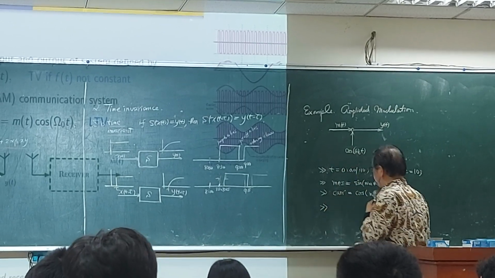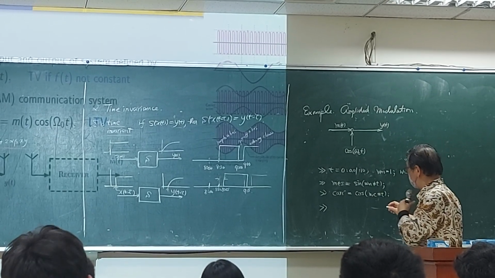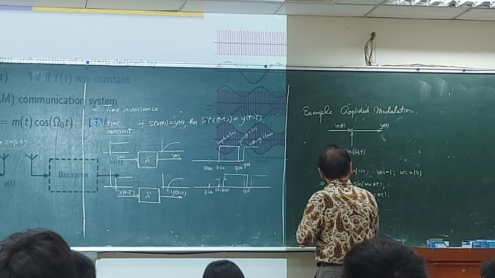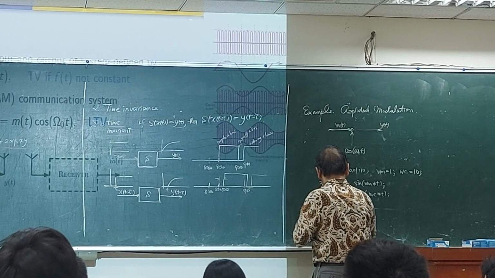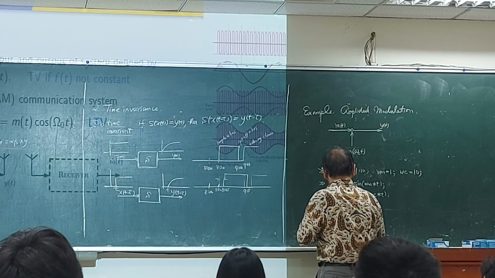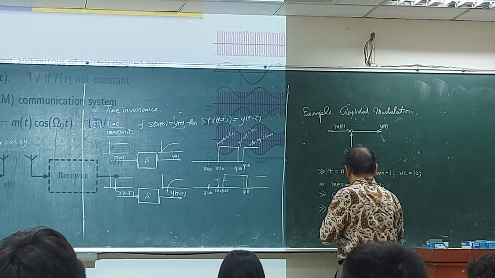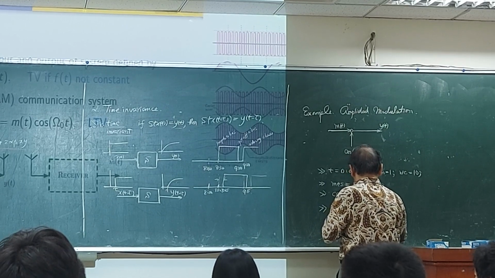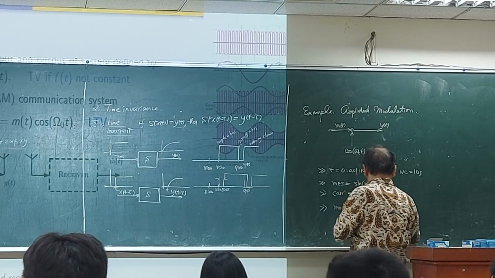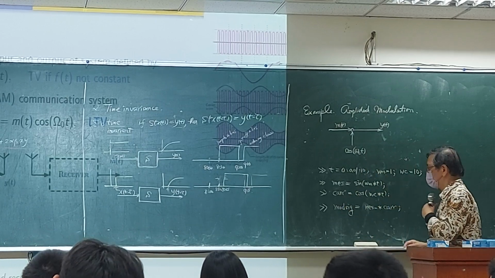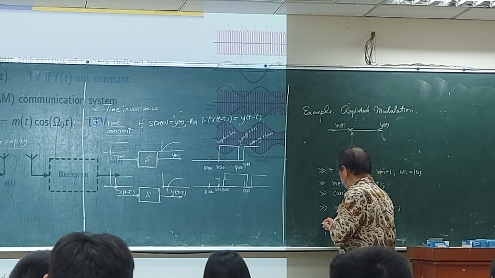Okay, so you have constructed the output. We have output y of t, the modulated signal, mod sig, which is the message times the carrier. So this is a modulated signal. Okay? So now I want you to plot.